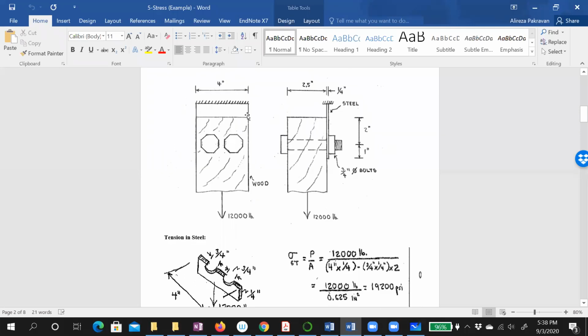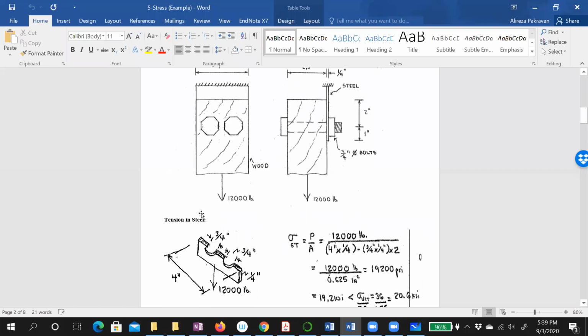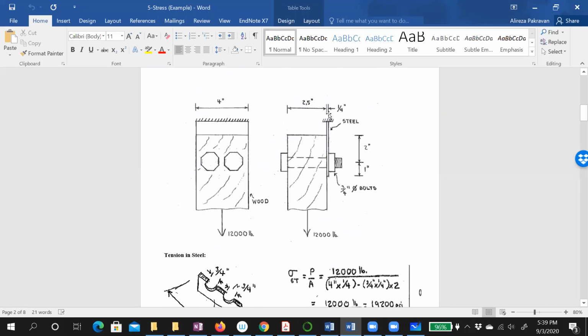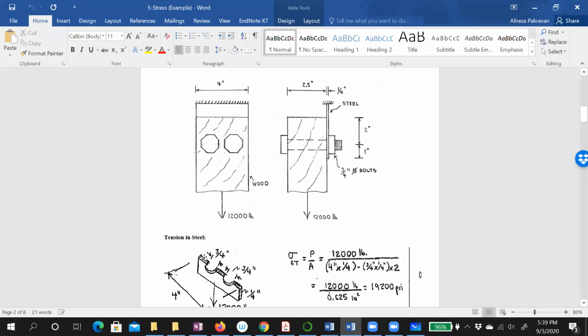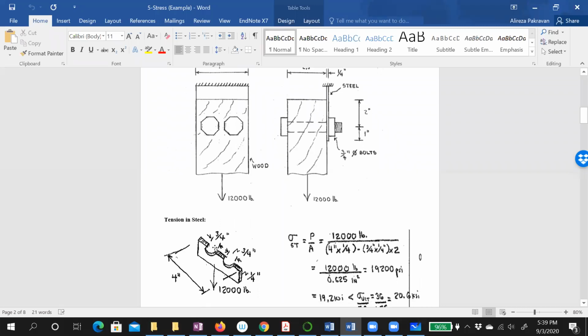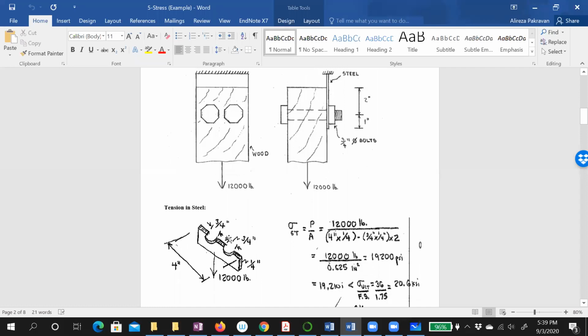So again, the cross section of steel is 4 inches by 1/4 inch. Since we have two holes from the bolts, the steel is removed there, leaving just these three pieces. So let's find this area.